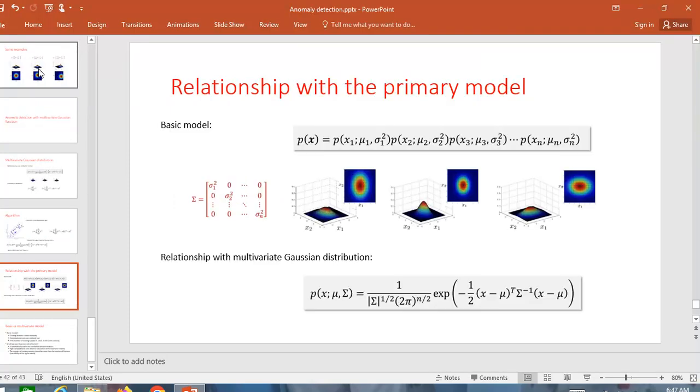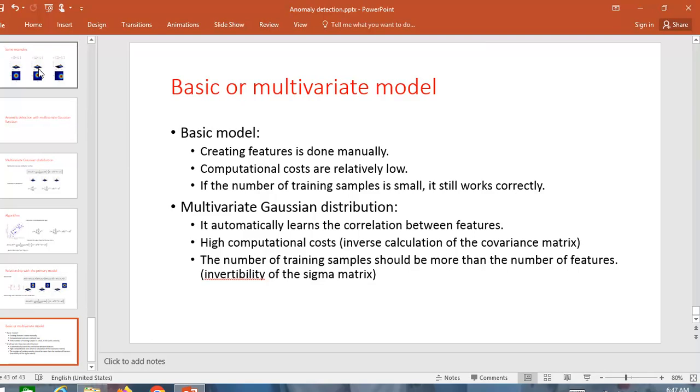Here is a comparison between the basic model and the multivariate Gaussian distribution. There are implementations in the Python files. I emphasize again that you must pay attention to the files. Practice, practice, and practice in the scope of programming and also machine learning to become an expert, and do not be satisfied with such theory and concepts because these are not enough.